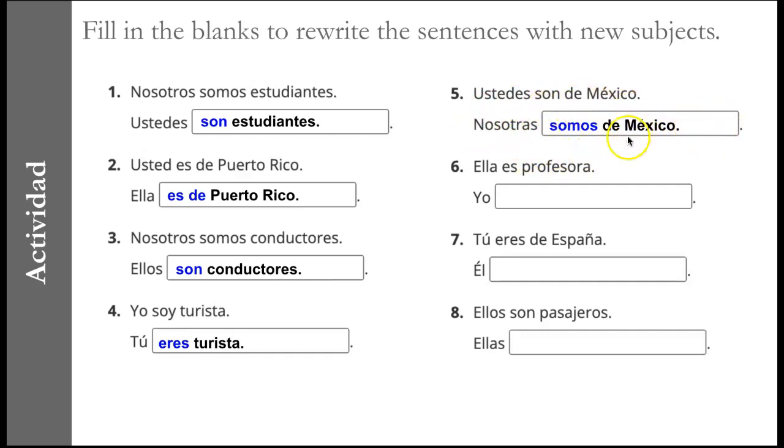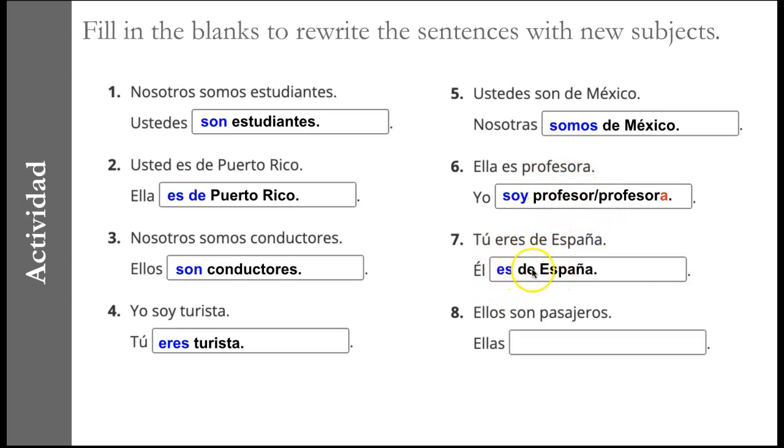So notice somos de. We are from Mexico. Ella es profesora. Yo soy profesor if you're a male. Yo soy profesora for female, right? So you have to add an A here for female, or if it's male, yo soy profesor. Tú eres de España.